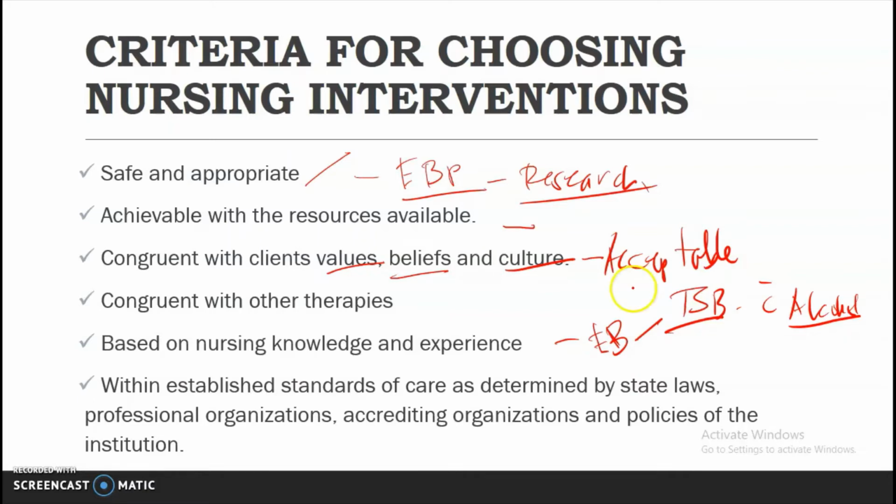Kaya ngayon, with the new practice, we are no longer adding alcohol doon sa tubig na pinagbabanlawan natin noong bimpo that will be used for the TSB or the tepid sponge bath, because another research proved that it will do more harm than good. Kaya hindi na po nilalagyan ng alcohol yung ating tubig. So that is the criteria for choosing nursing interventions.